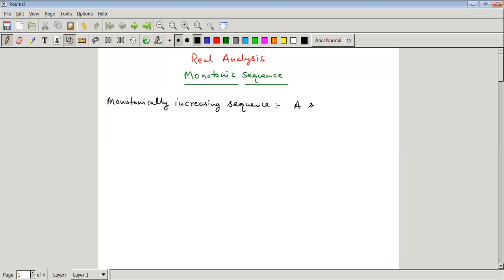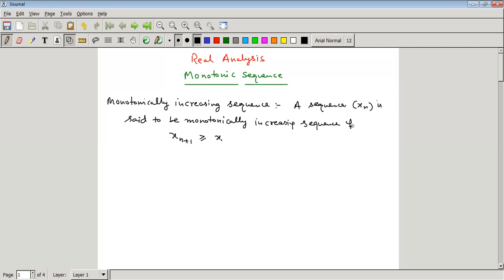A sequence xn is said to be a monotonically increasing sequence if xn plus 1 is greater than or equal to xn for all n in N.